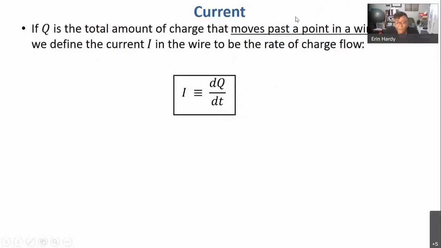So think of capital Q as some macroscopic amount of charge that is made up of a bunch of individual charge carriers, all having the same fundamental charge, that go into an ammeter or go past a certain point in the circuit per unit time. So we can define our conventional current as the first derivative of that charge with respect to time.